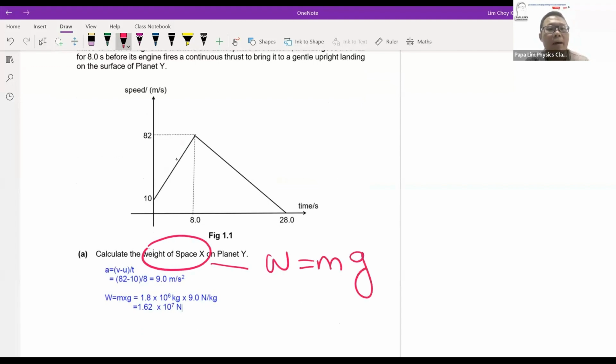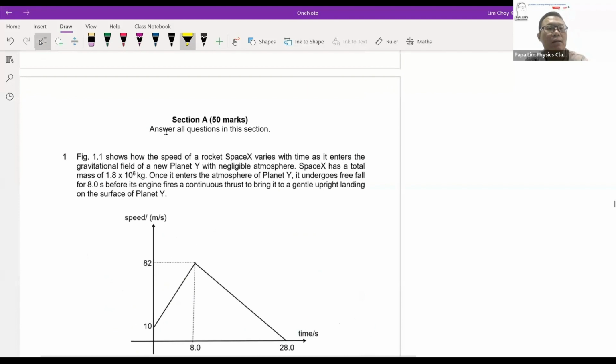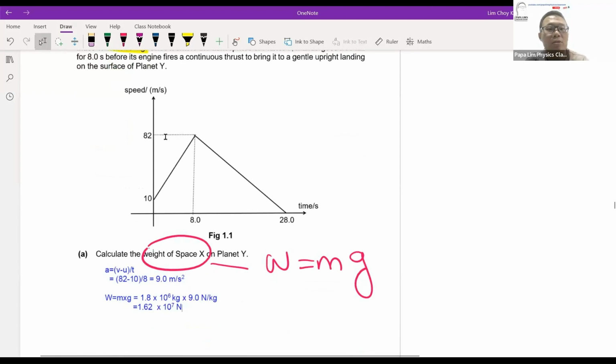We are given the mass, 1.8 times 10 power 6 kg, but we do not have the gravitational field strength. Take note, this is planet Y, so the gravitational field strength is not 10 Newton per kg. So the first task is to find the gravitational field strength.